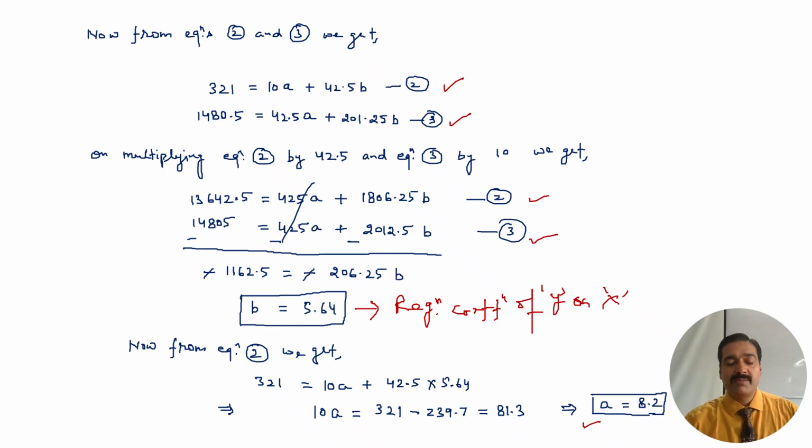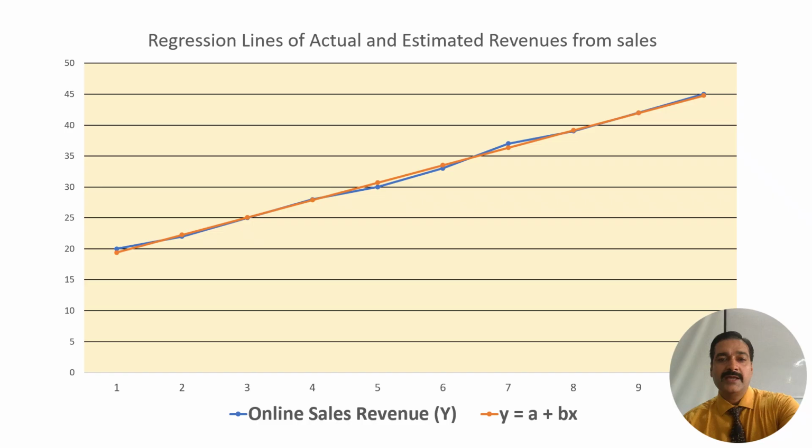So you remember the linear regression model which we assumed as y equals a plus bx. We simply put the values of a and b in that regression model and we get the regression line. So your simple regression equation would be y equals the value of a plus the value of b into x.